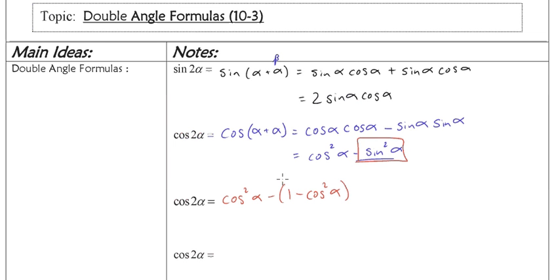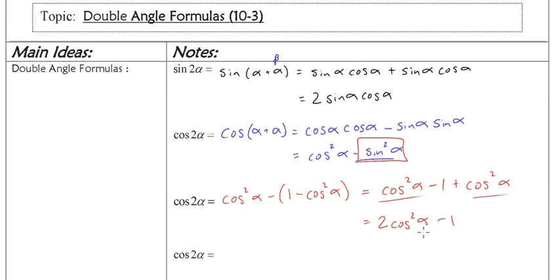All right, distribute that negative, and we get that this is really equal to cosine squared alpha plus, minus 1, plus cosine squared alpha, which all simplifies down to 2 cosine squared alpha. So 2 times cosine squared alpha minus 1.